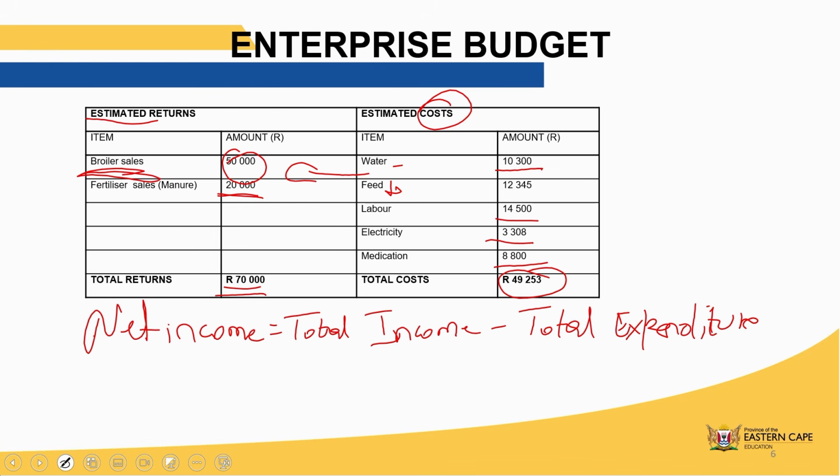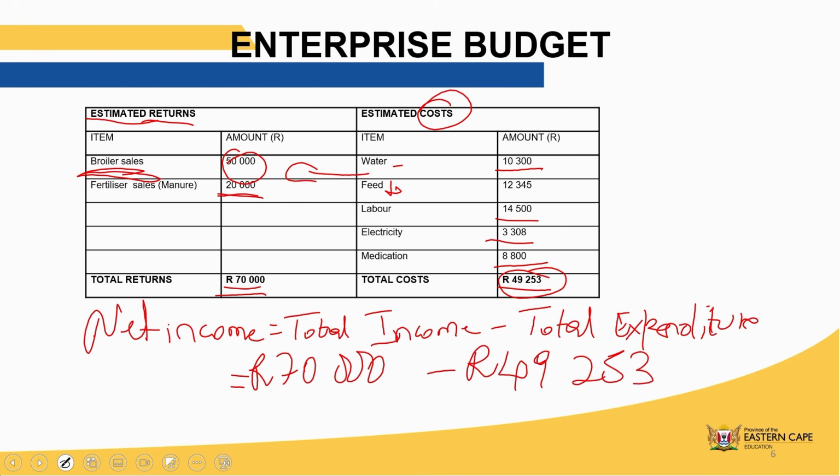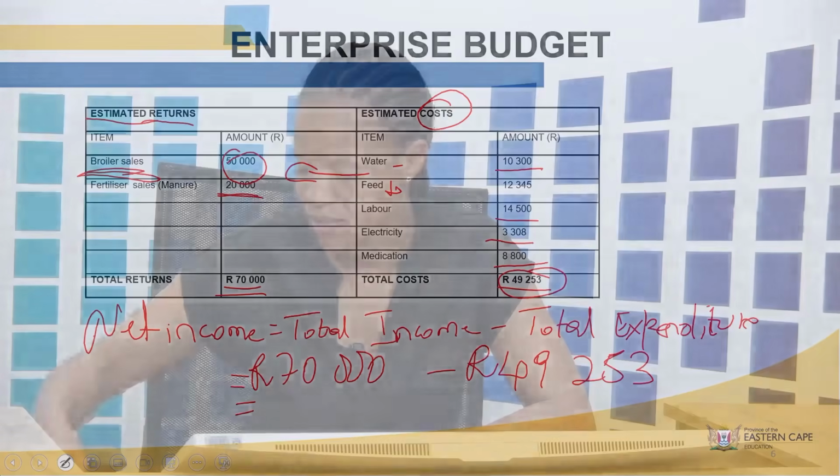That is total returns minus total costs. So the total returns is 70,000 rands. The total costs is 49,253 rands. Let's calculate our answer.